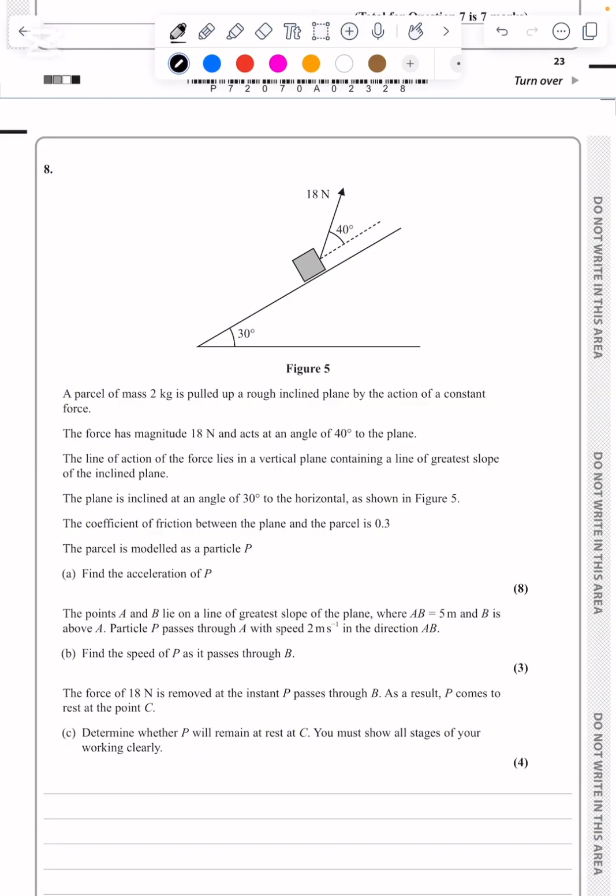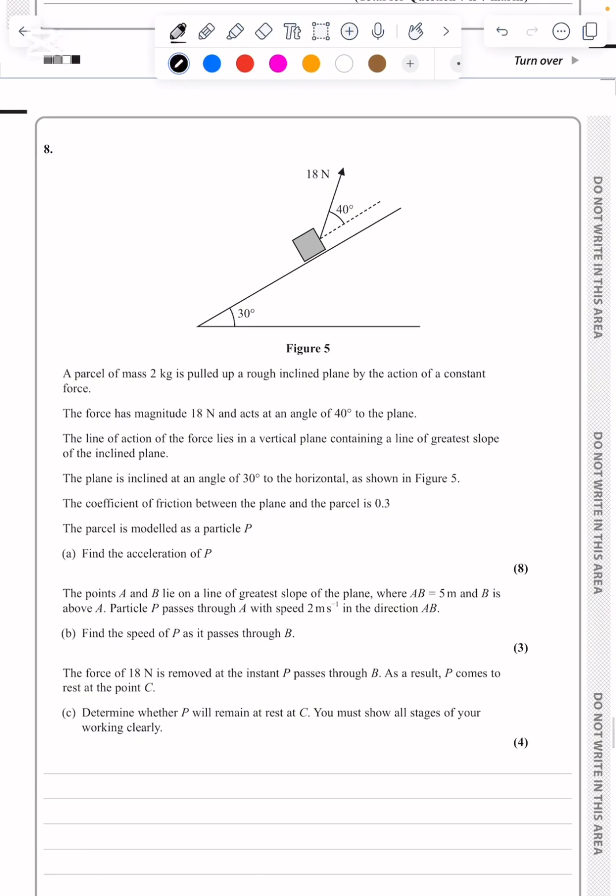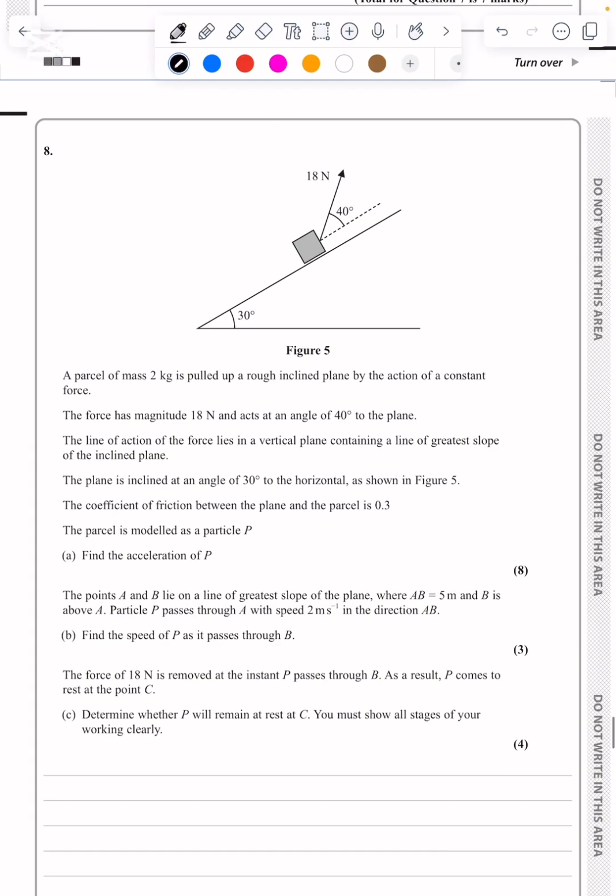Let's continue. Okay, for these kinds of questions, of course, draw all the forces. The easiest way is to draw all the forces.